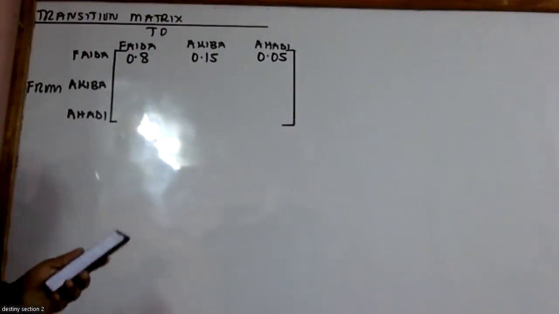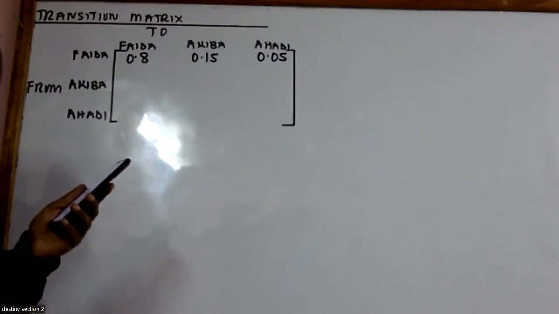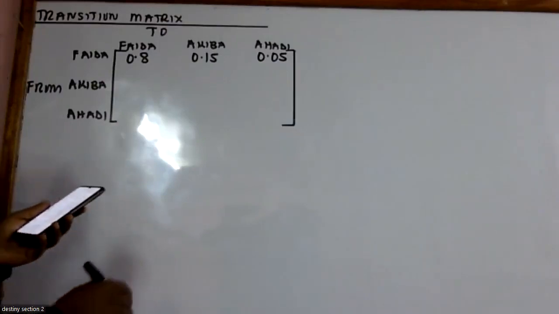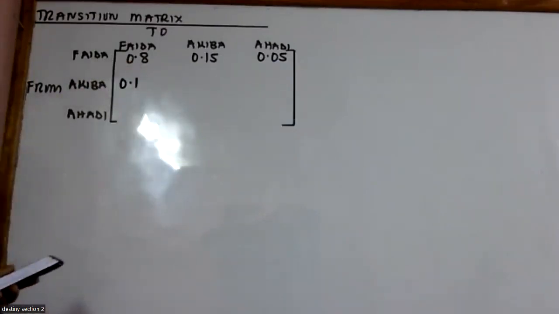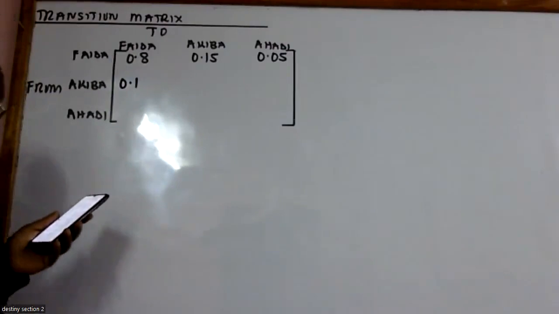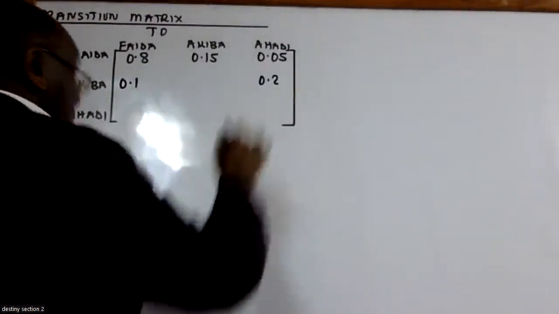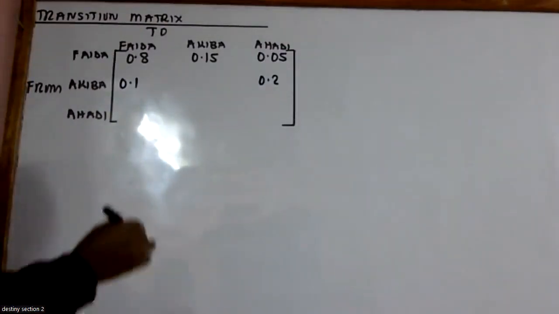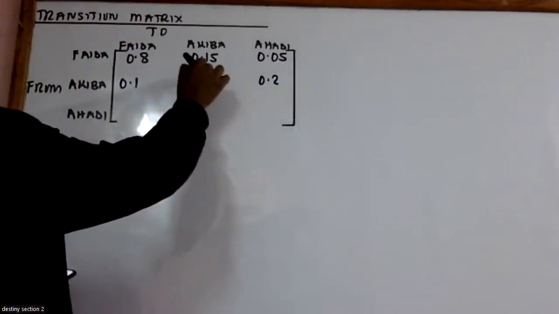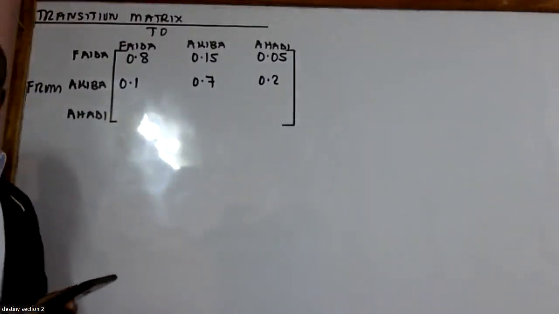Next is Akiba. It lost 10% and 20% to Faida and Ahadi. So if they lost 10 to Faida, that is 0.1, and they lost 20 to Ahadi, that is 0.2, it means they must have retained 70, 0.7.